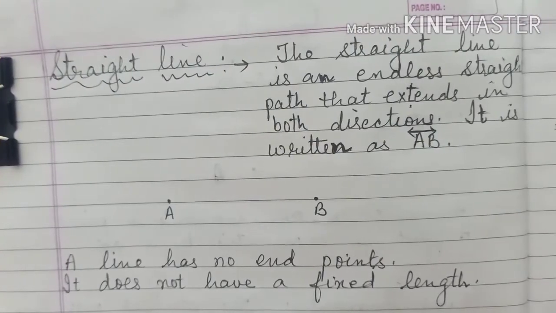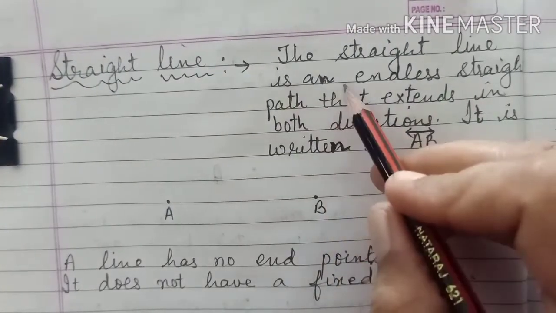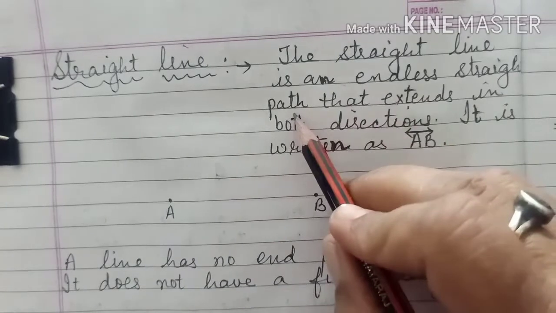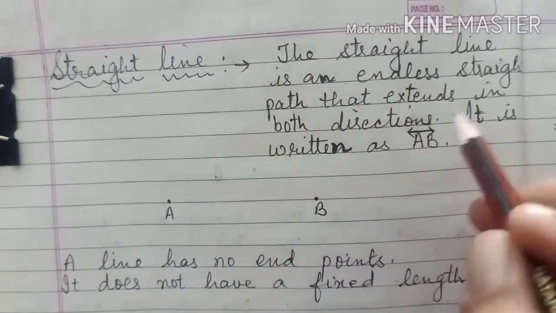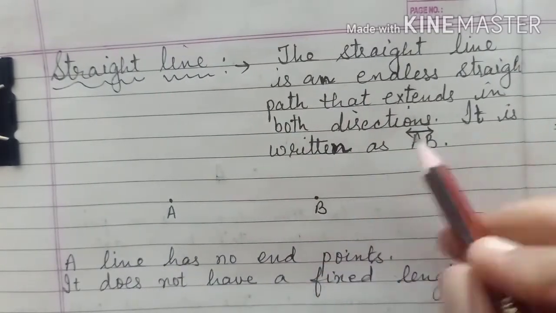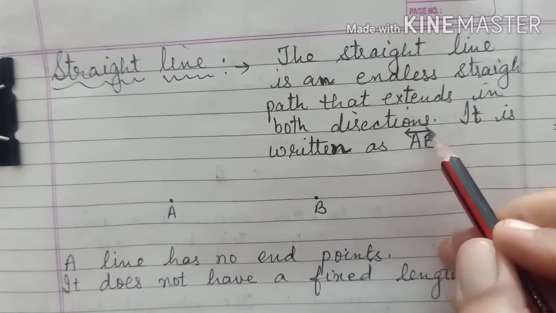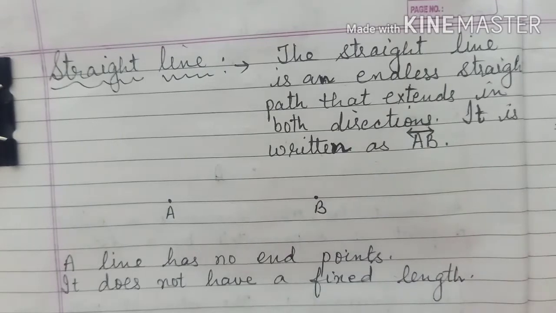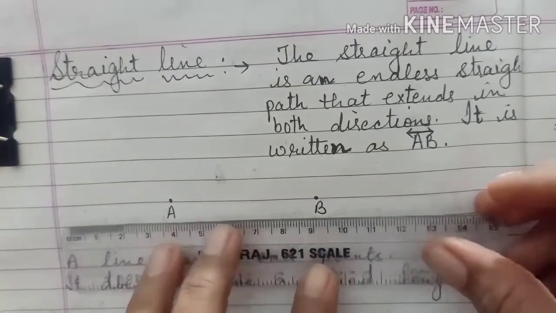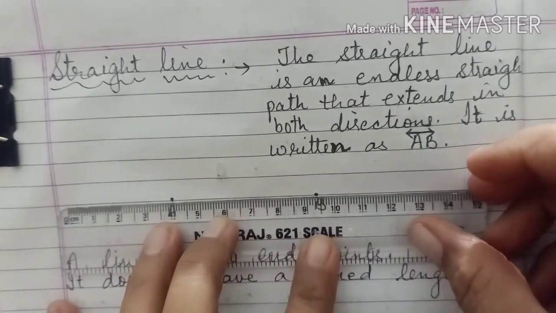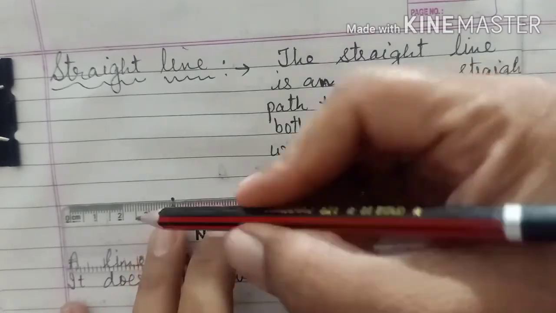A straight line is an endless straight path that extends in both directions. It is written as AB. Now here the symbol is arrows on both sides. How to draw a straight line? We can take here a scale and draw a line.